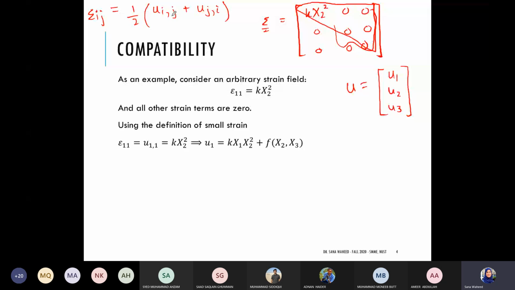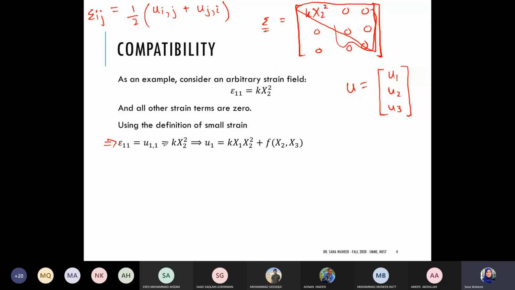Okay, so if I am looking at epsilon 11, when i and j are both 1, this becomes u11 plus u11, so the half cancels with the 2, and I get epsilon 11 equals u11. Okay. So this means my u11, as given in the strain field, is kx2 whole squared.